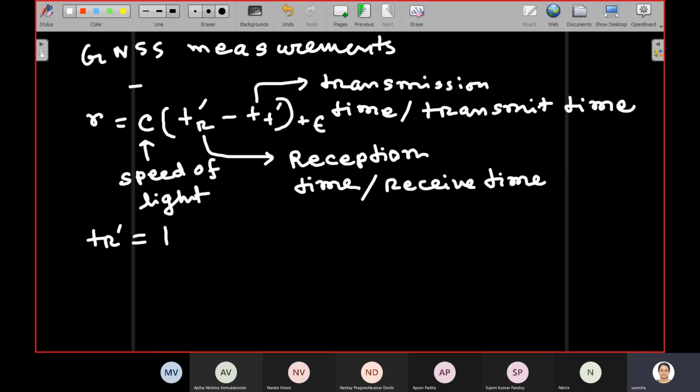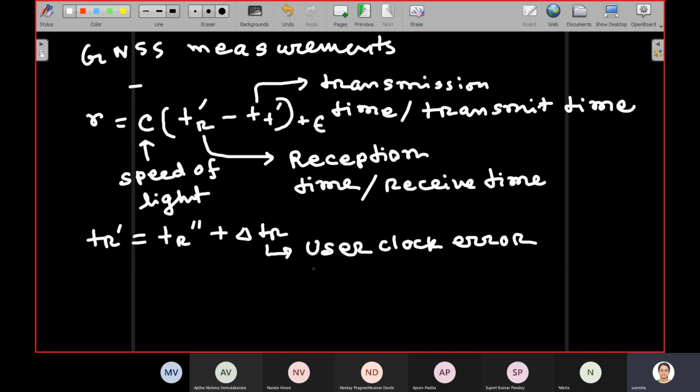Let's call that time Tr plus delta Tr. So delta Tr is actually the user clock error. I'll talk more about this later. User clock error from GNSS system time.